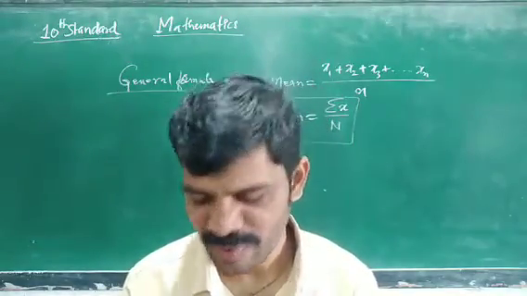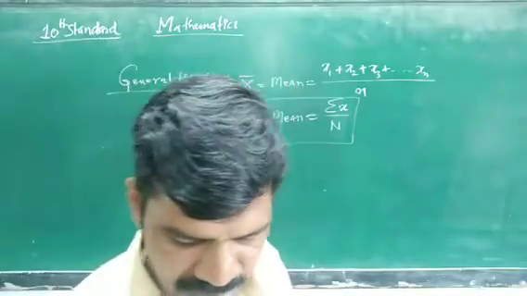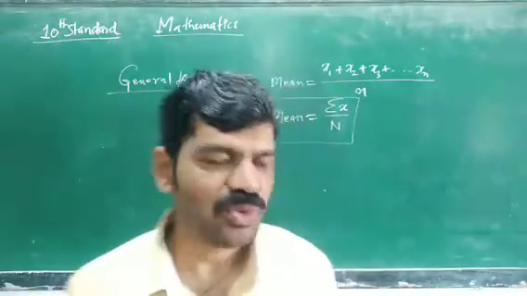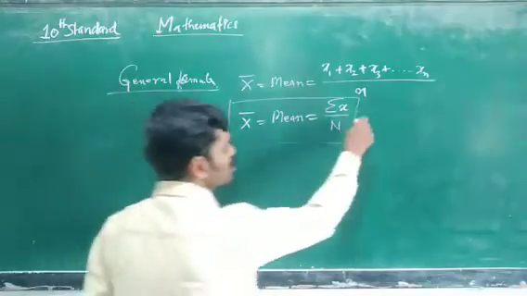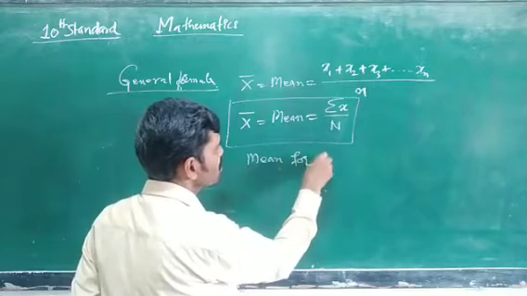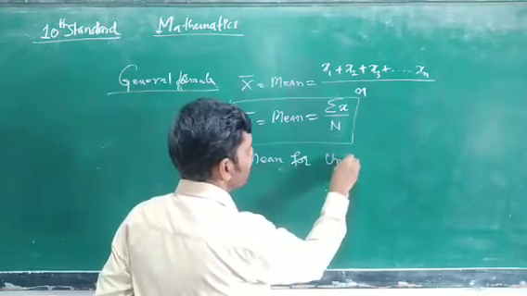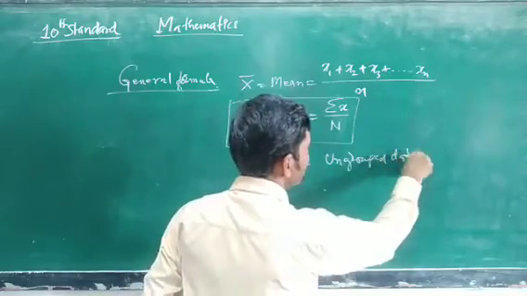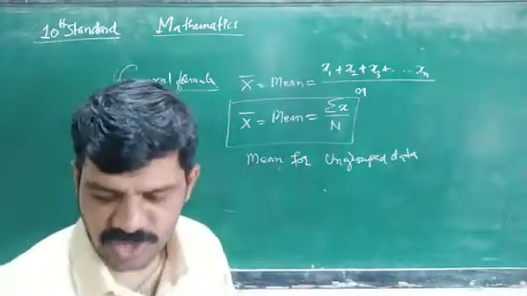You have already learnt about that, but I have to inform you. See, this is the mean for ungrouped data. So what is the formula for grouped data?